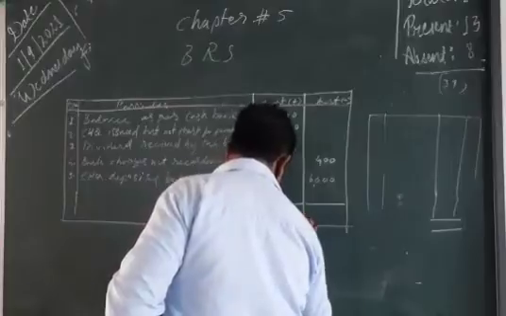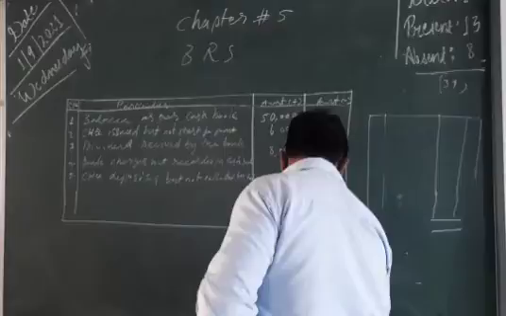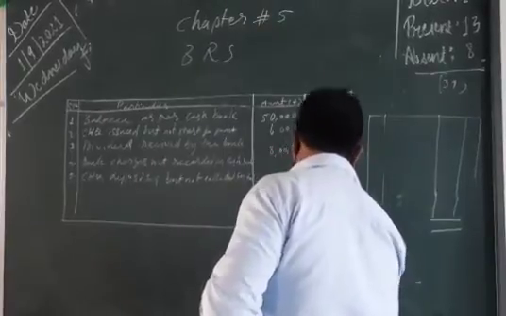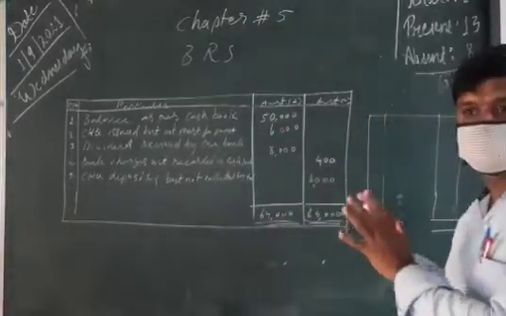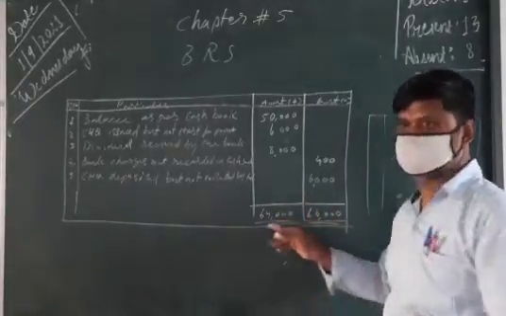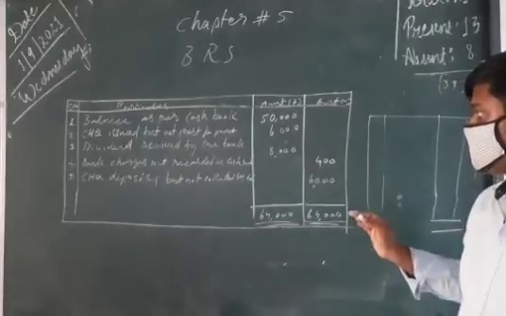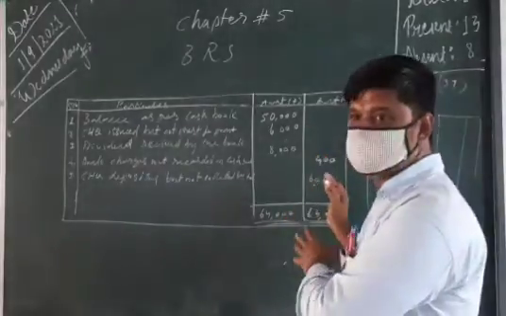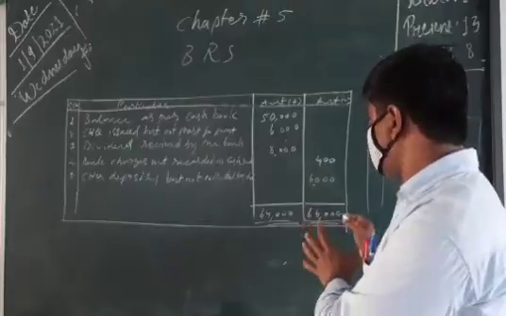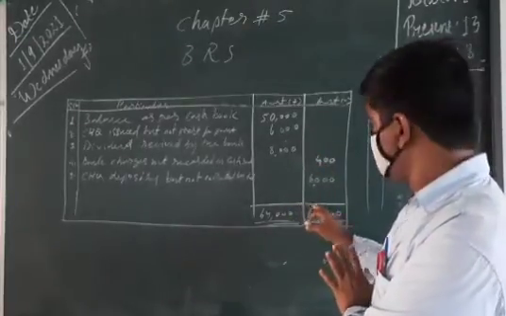64,000. We write 64,000 on both sides. That means if everything were adjusted, the amount would reach 64,000. But at present some entries are not made by the bank, so we adjust according to the bank passbook.